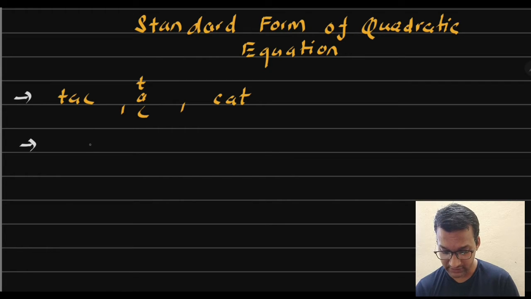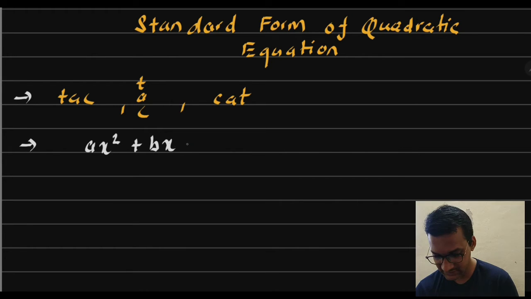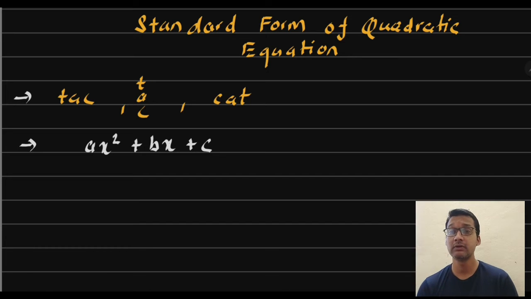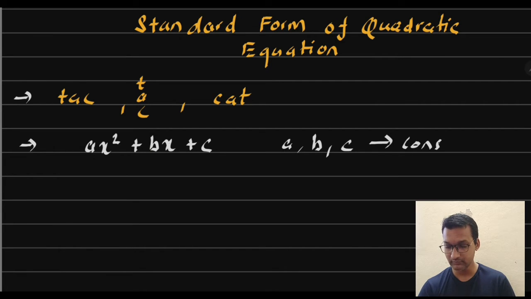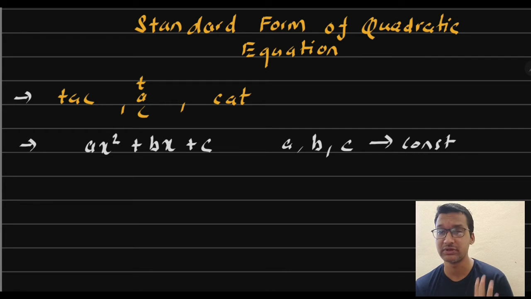The proper way is ax square plus bx plus c. Now here there are different letters such as a, b and c. These a, b and c are actually going to be constants. Constants in the same sense that they are going to be numbers, just numbers.